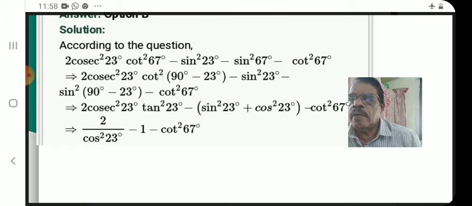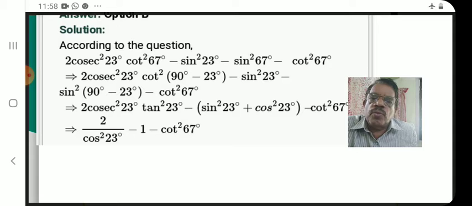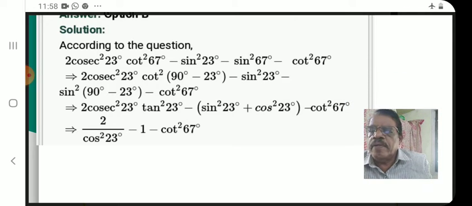According to the question, what is given is 2 cosec square 23 into cot square 67 minus sin square 23 minus sin square 67 minus cot square 67. We have written 2 cosec square 23 as such without any change. But cot 67 we converted into 90 minus 23, using the co-ratio.